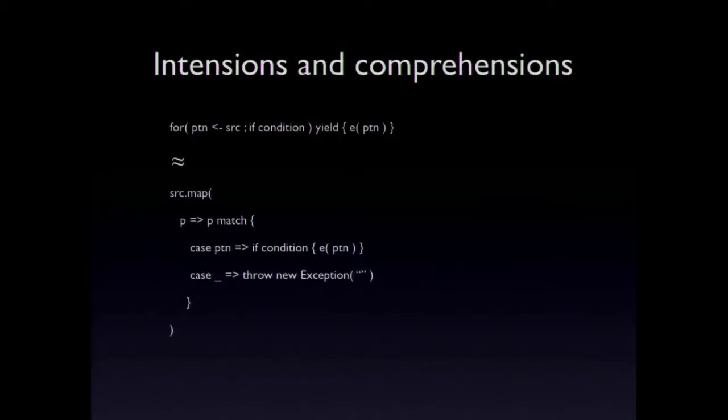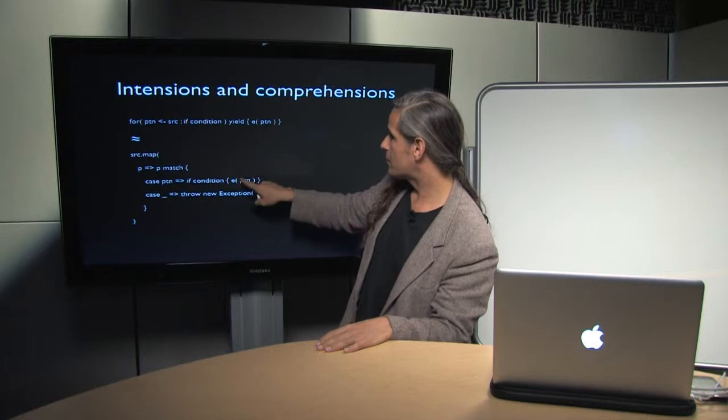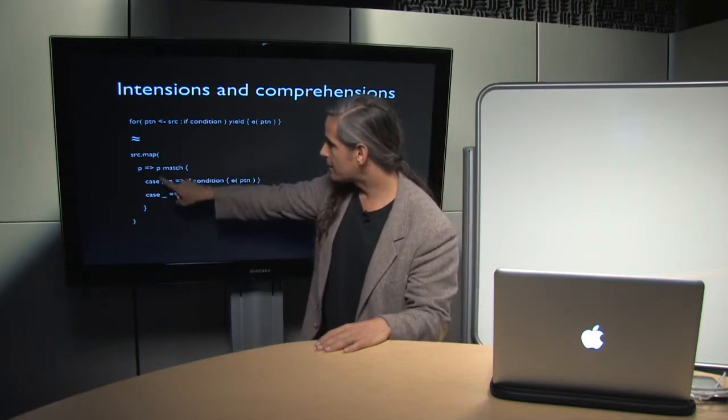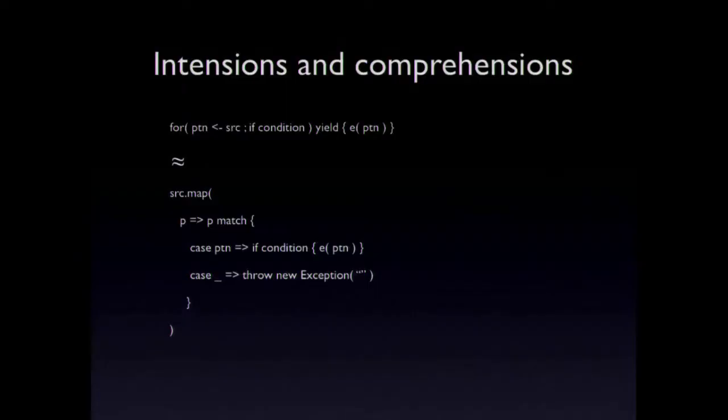I have some function which takes a p, and then we pattern match that p against two possible cases. One is the pattern that we have here, and then we check our condition, that's this, and we run our expression on the pattern. That's in the case that we got the match. In the case that it doesn't match, we throw some exception.